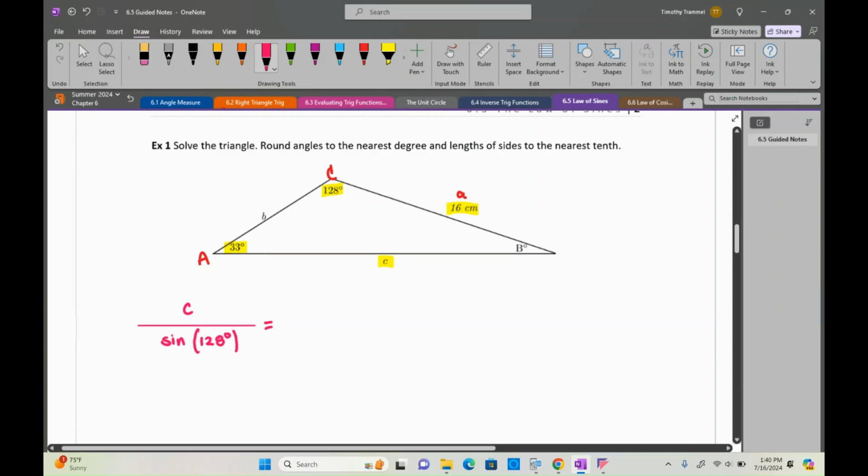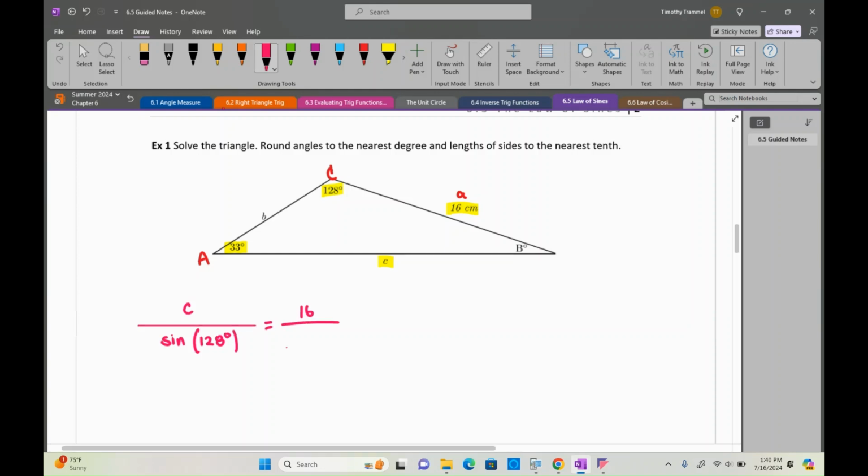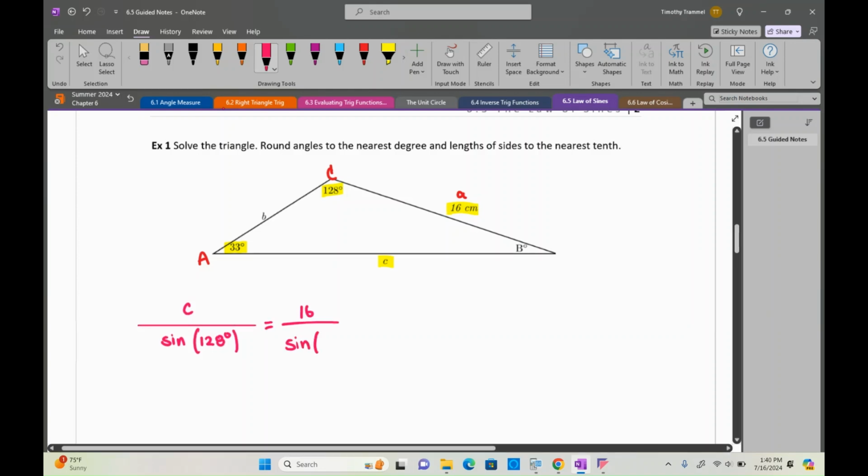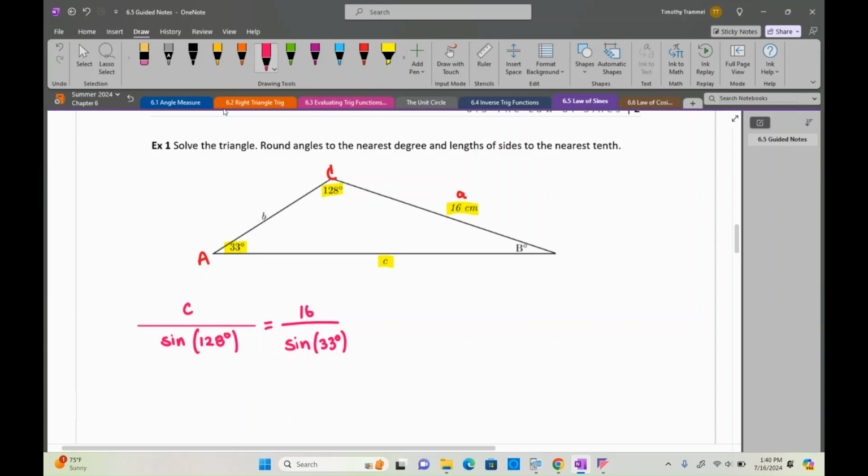This is equal to little a, which is 16, over sine of big A, and big A is 33. This equation is easier to solve with the c in the numerator, because if it were in the denominator, I'd have to do an extra step to get it out before I could solve for it.